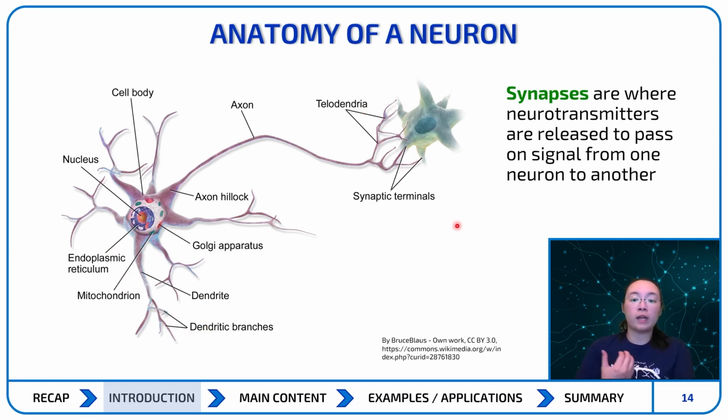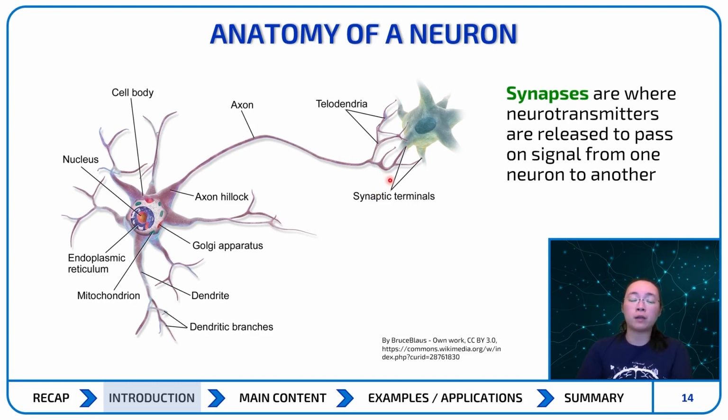But this isn't what every neuron looks like. This is just a typical look at its structure. There are some things missing, which we'll discuss later, which are the myelin sheaths that cover that axon. But first, I just want to go through the anatomy.